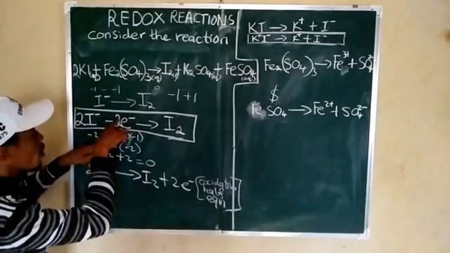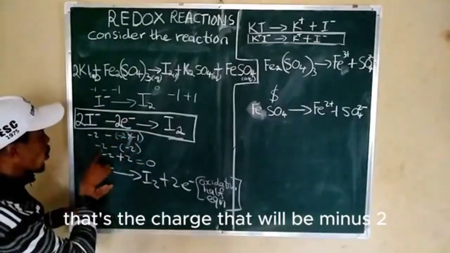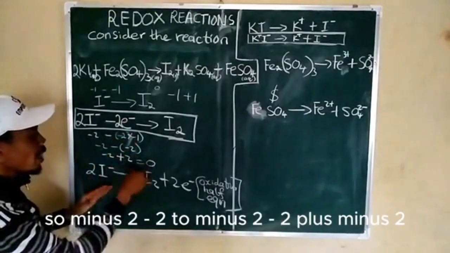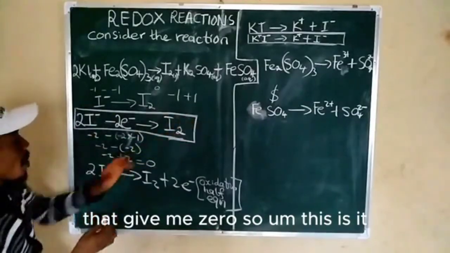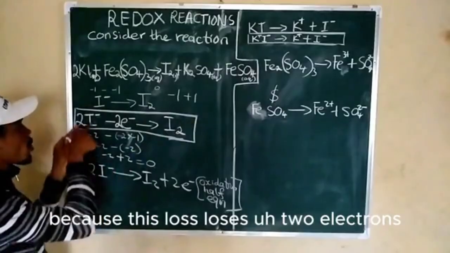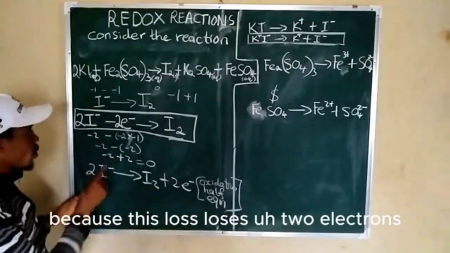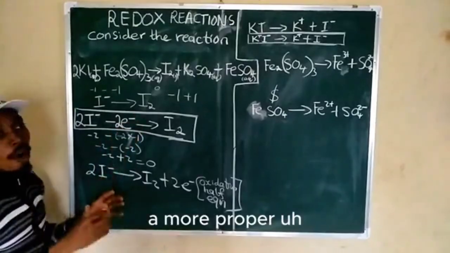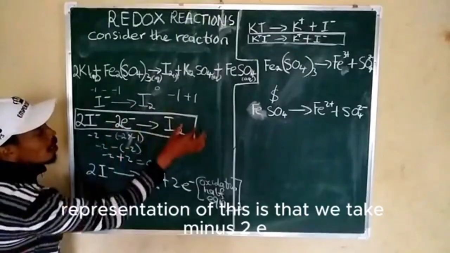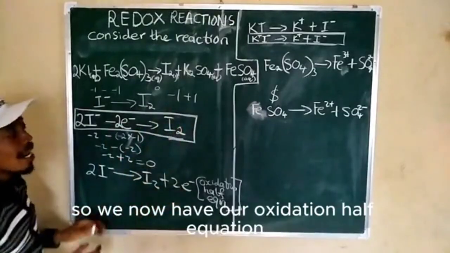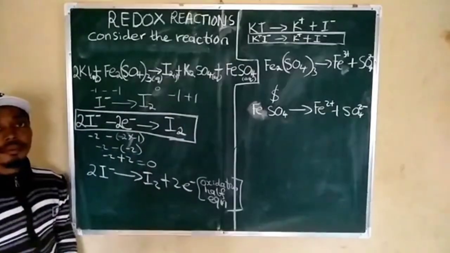See that minus here? 2 times each electron is minus 1. That's the charge. That will be minus 2. So minus 2 plus minus 2, that gives me 0. So this is the oxidation half equation because this loses 2 electrons. That's 2e minus. A more proper representation of this is that we take minus 2e to the other side. So we now have our oxidation half equation.